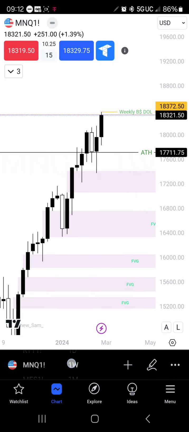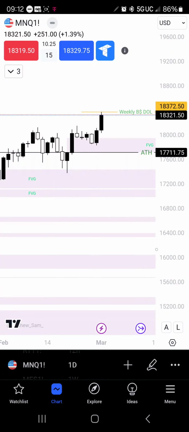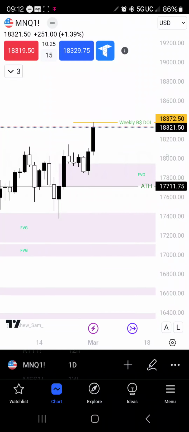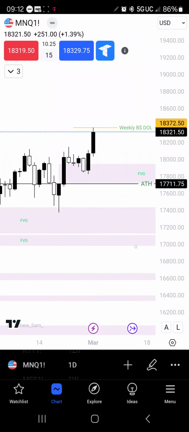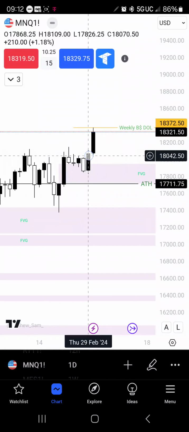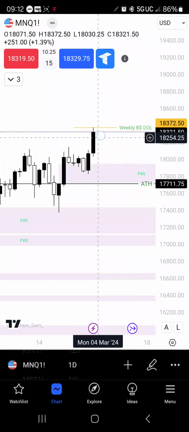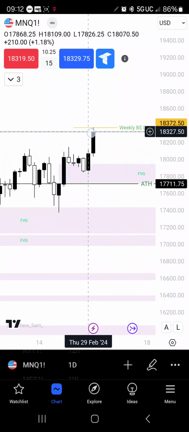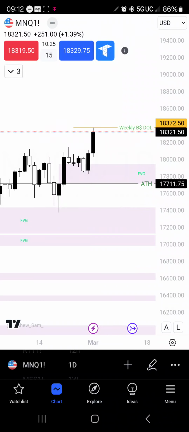All right, now let's drop down to the daily. All right, so for Monday, when I look at the fact that Friday's candle closed above Thursday's high, I'm going to be looking for Monday's high as my draw on liquidity.